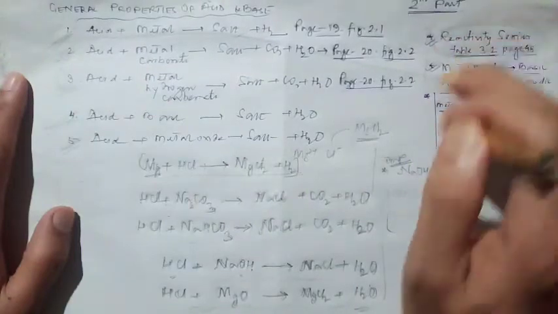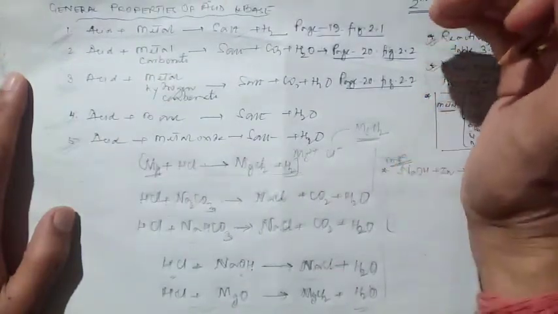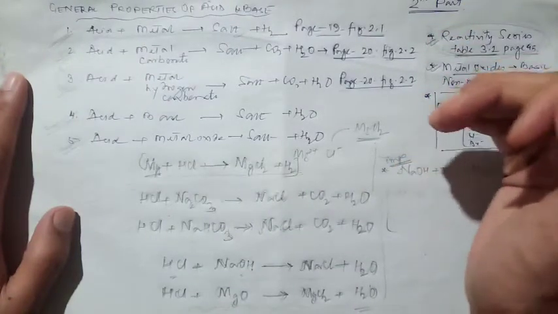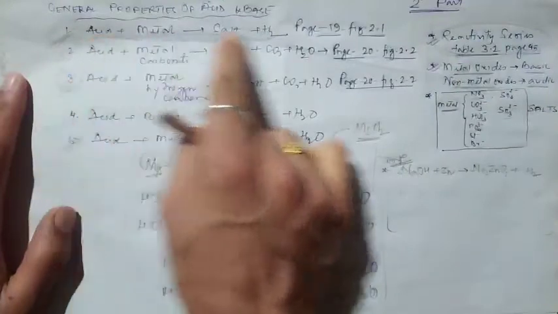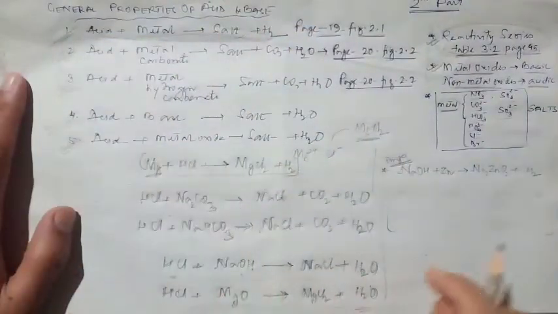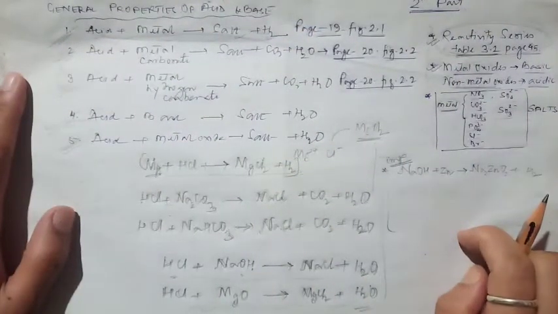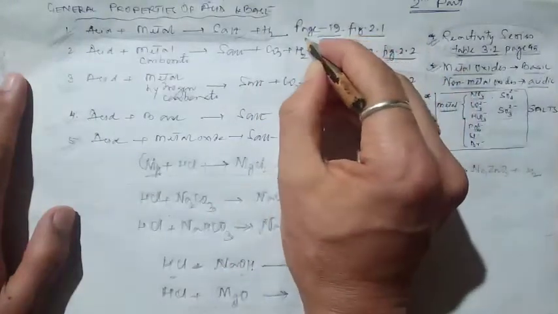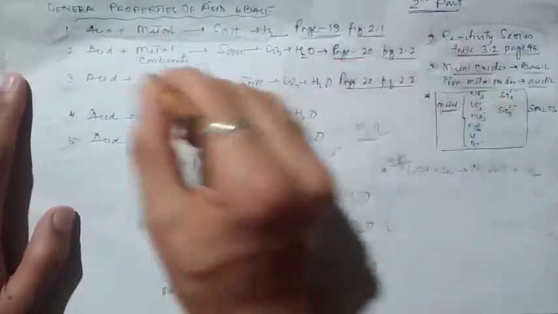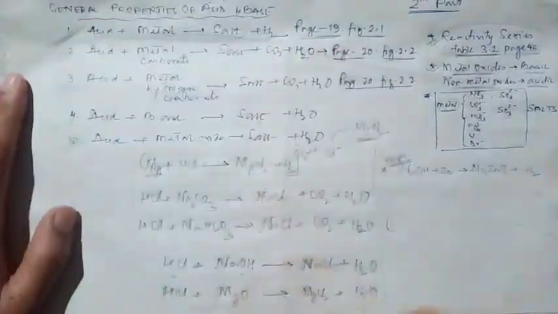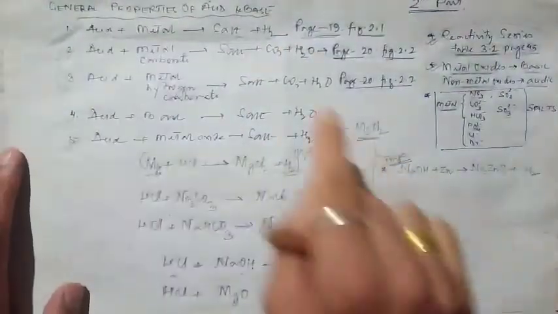All the metals above hydrogen will give this reaction, but the metals which are below hydrogen in the reactivity series will not give this reaction. That's one important point you must remember. I want you to go through page number 19 of our NCERT textbook, figure 2.1, to better understand these reactions. So that's about acid plus metal gives salt plus hydrogen.